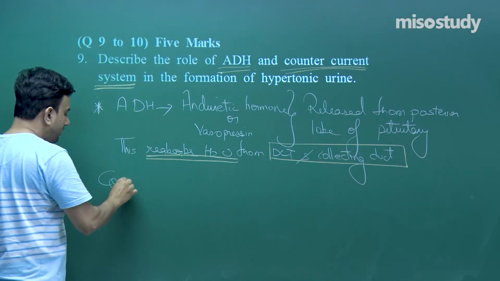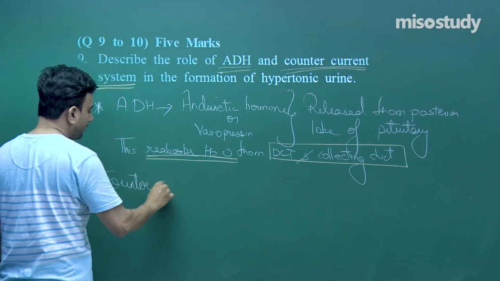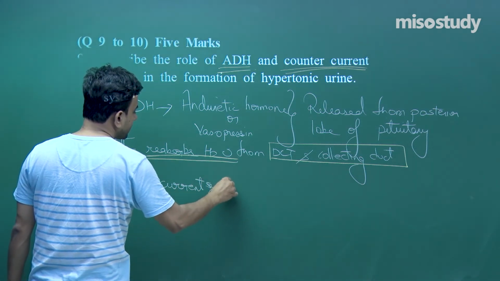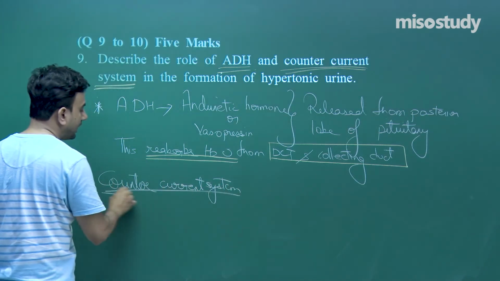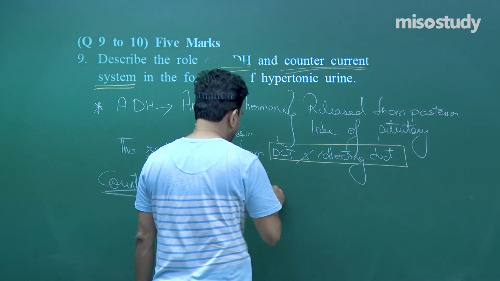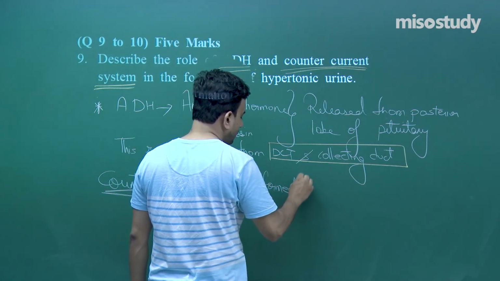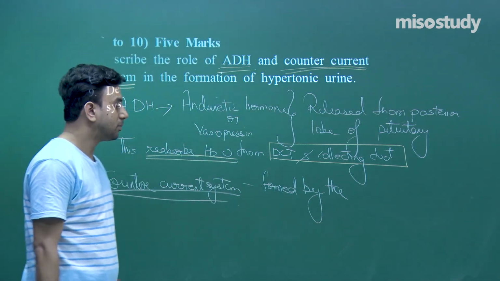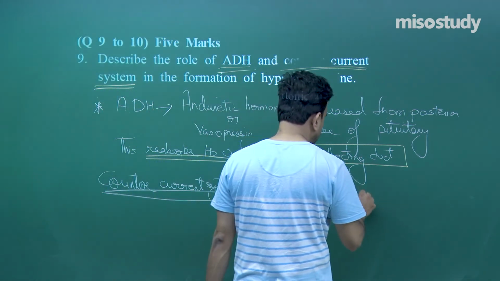Now we will talk about the countercurrent system. The countercurrent system is formed by the loop of Henle, the peritubular capillaries and the vasa recta.